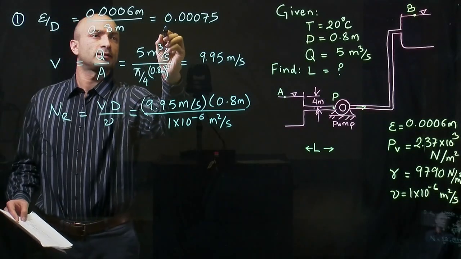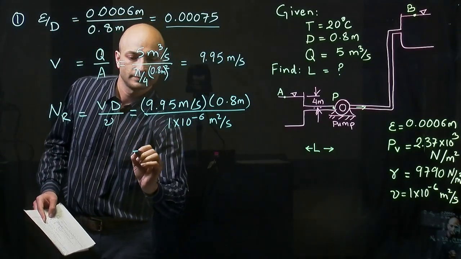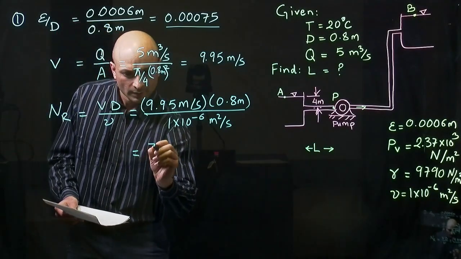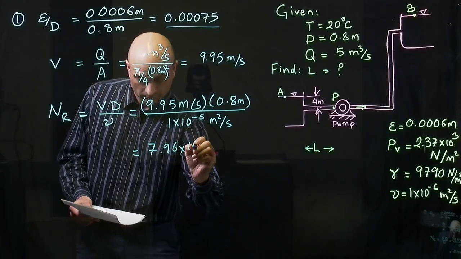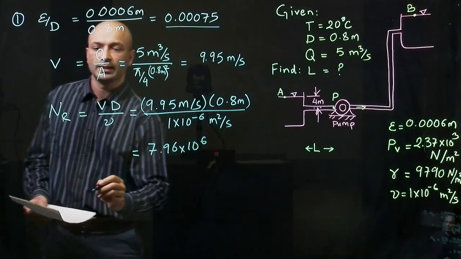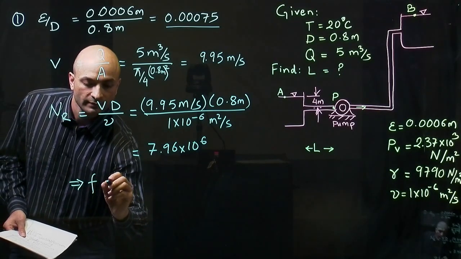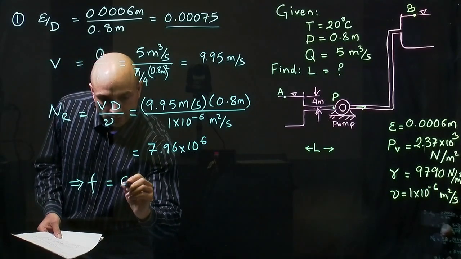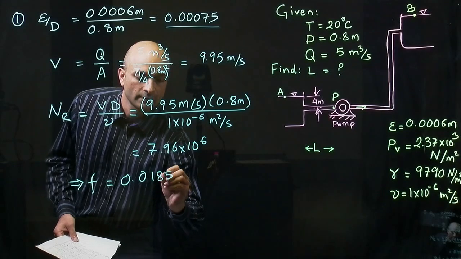Using the relative roughness value and the Reynolds number, which comes out to 7.96 times 10 to the power 6, we can then find the friction factor from Moody diagram. In this case, it's going to be 0.0185.